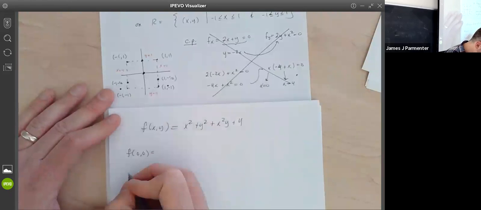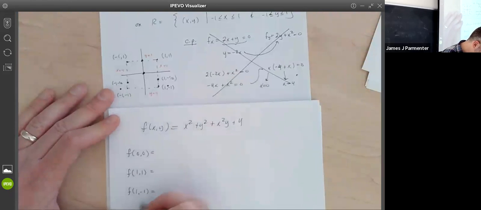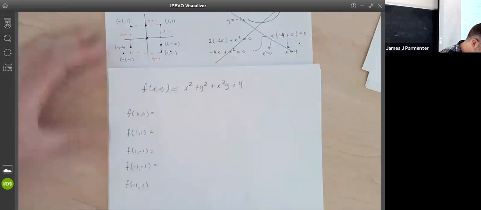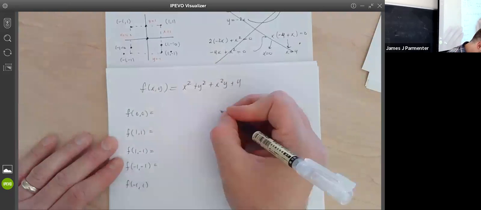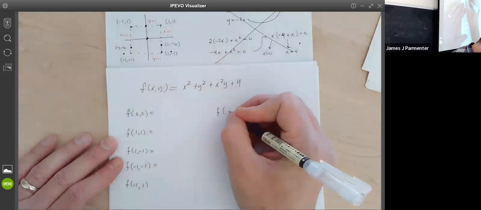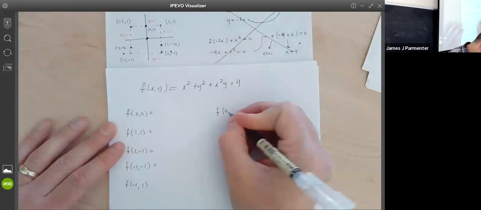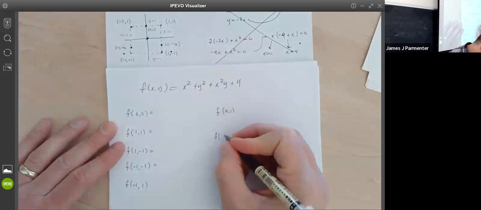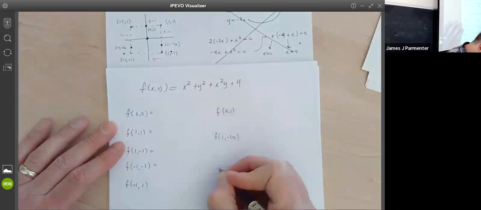We're going to do f of 1, 1, f of 1, -1, f of -1, -1, f of -1, 1. And then f of 0, 1, f of 1, -1/2, f of -1, -1/2.